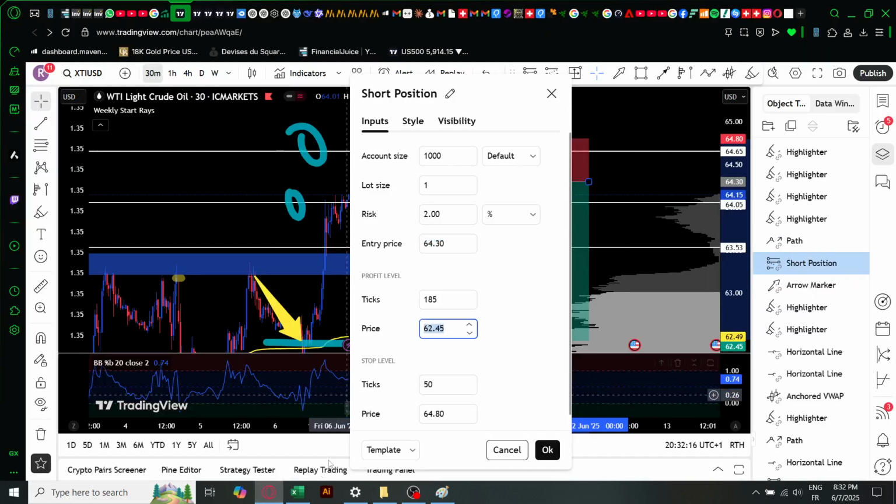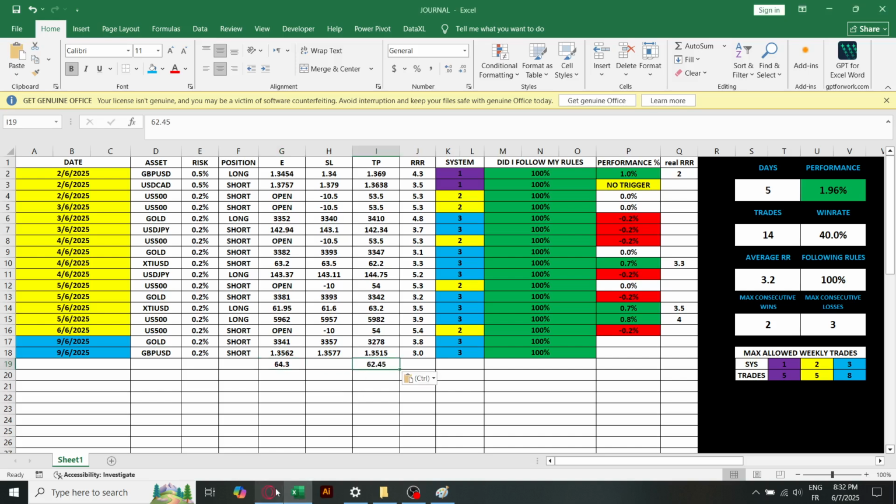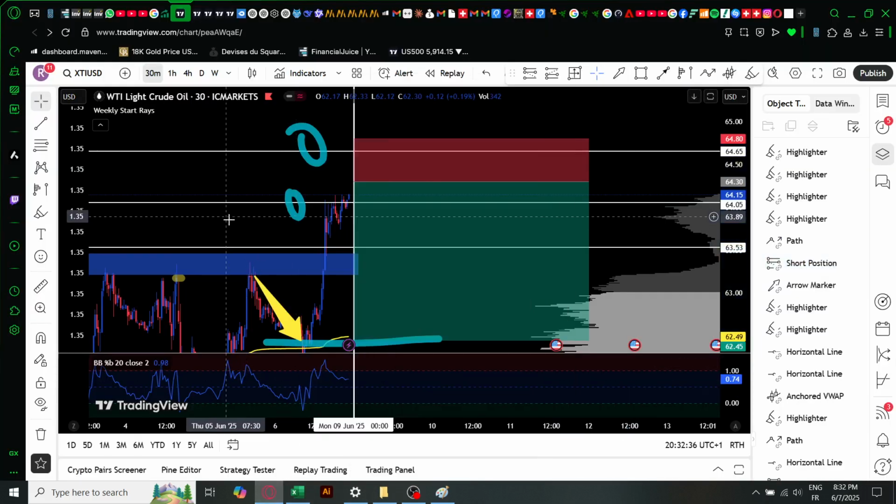My stop loss. I will go for short 0.2 on crude oil and the same date, and I think this is everything.